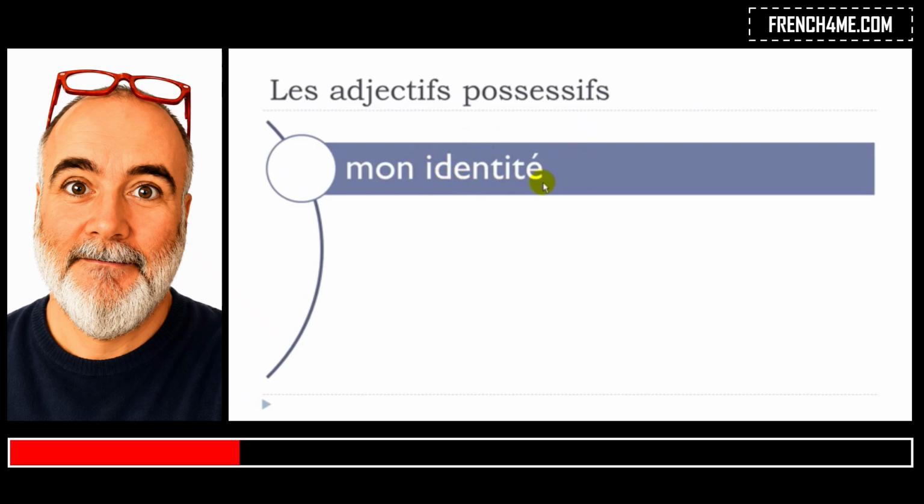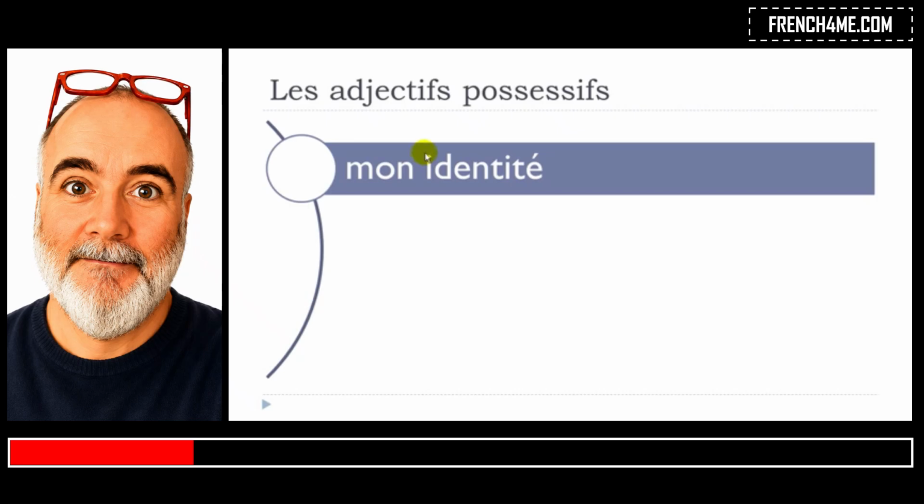If you look carefully at this word, you can notice that it is starting with a vowel, I in that case. And for aesthetical reasons, we think that ma identité, the way that normally you should put the feminine form, doesn't sound nice.